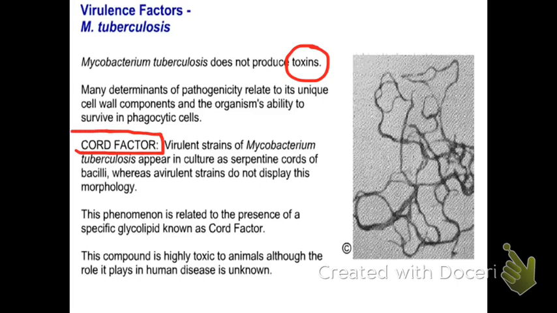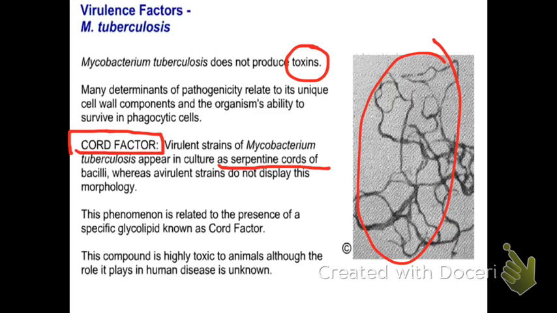So only virulent strains of Mycobacterium tuberculosis would have this cord factor, which is responsible for this serpentine cord formation. Those that are not virulent do not exhibit this particular characteristic. So this compound is highly toxic to animals, although the role it plays in human disease is not yet known. Another important characteristic of the organisms.